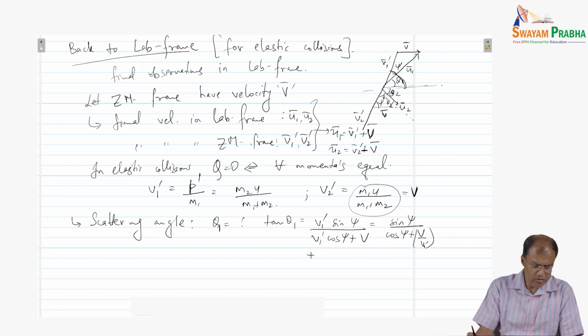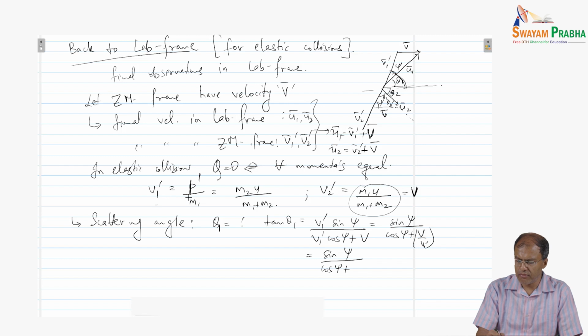And v by v1 prime, from these two relations for v1 prime and v2 prime, will be m1 by m2.